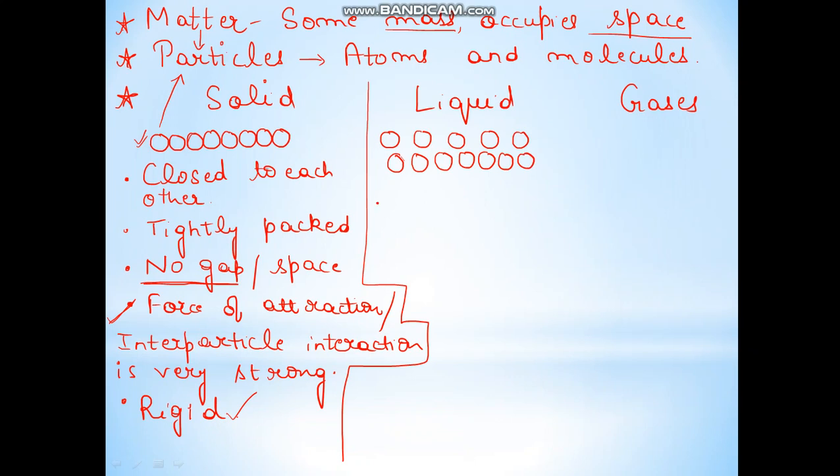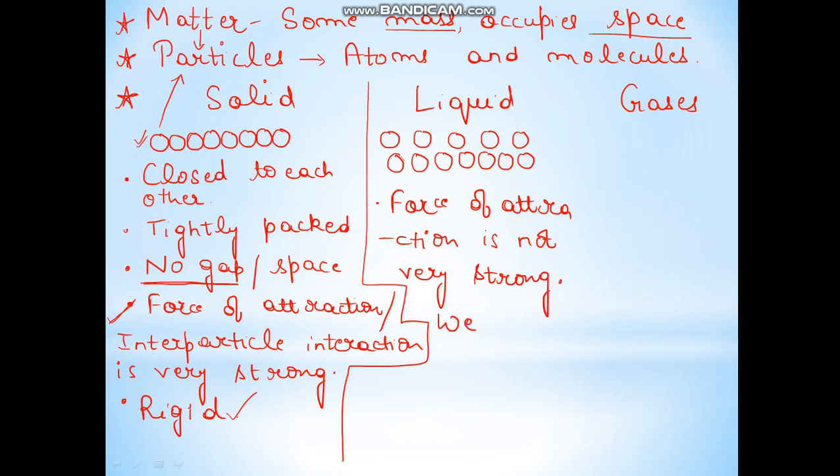So the force of attraction, or the interparticle interaction, is not very strong. It is weak.